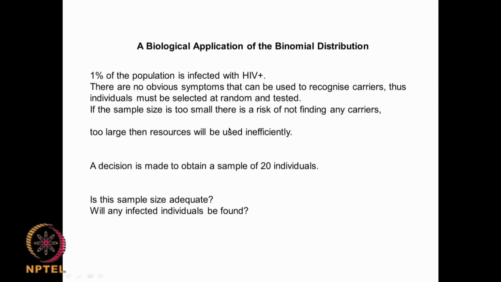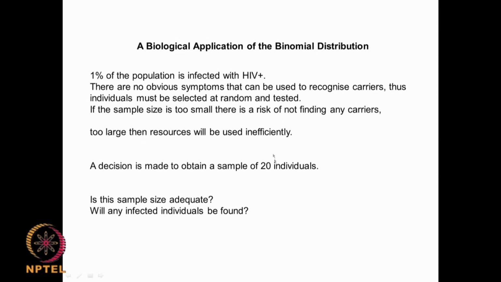So I need to select some people and do a detailed study. If the sample size is too small then I might not be able to find any at all. If I take a very big sample then I need to do a lot of sample collection and sample analysis, so I need to spend a lot of money, which is also inefficient.